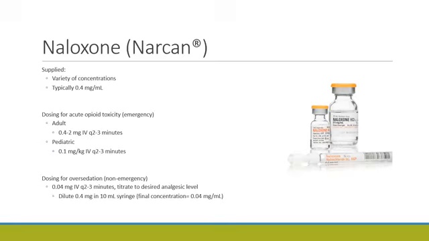Now, if it's not an emergency and everything's stable, but they're hypoventilating, so they're breathing maybe at a rate of 2 breaths per minute or 4 breaths per minute or something like that, and we've effectively overdosed them, but it's a non-emergency, then we can do it a little bit differently. We can give smaller boluses, so maybe a tenth of what we'd give for an emergent situation.